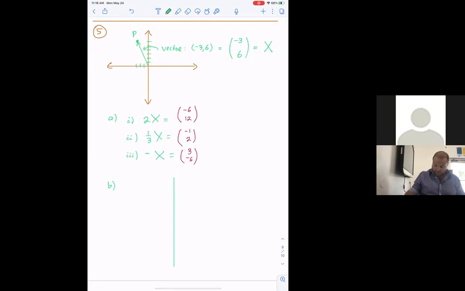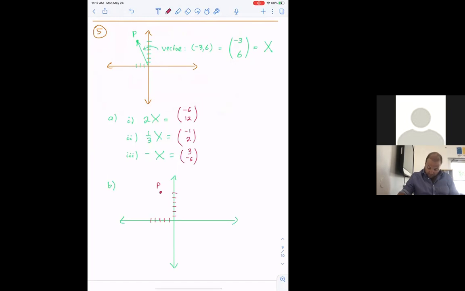Show each of these points on a graph. So let's start with the original point, which was -3, 6. This is the original point. This is the first point, P. So what is 2x?